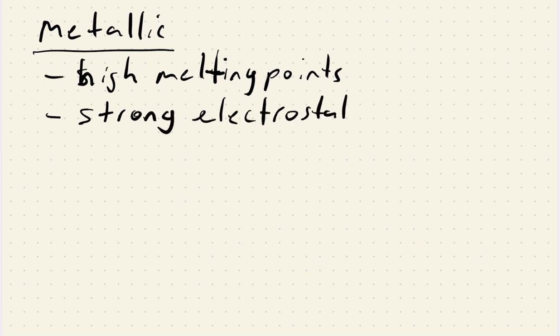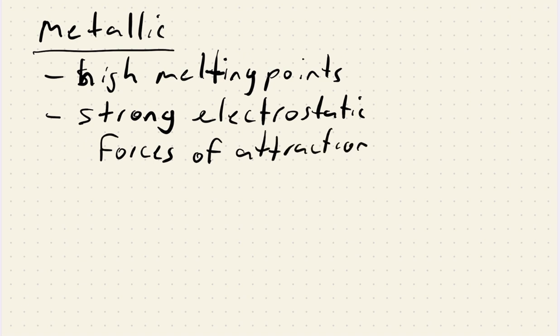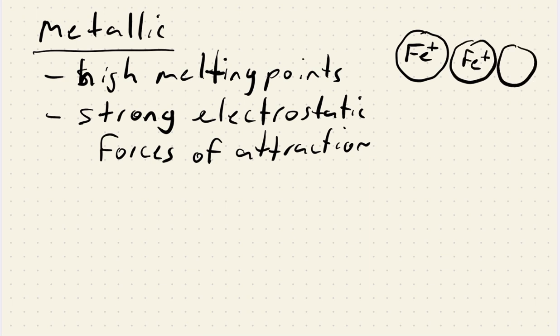And let's look at a diagram of metal to understand why they have strong electrostatic forces of attraction. If I was to draw a metal lattice, let's say I was using iron, which has a plus charge, there's going to be a lot of these atoms of iron because we know atoms are quite small.